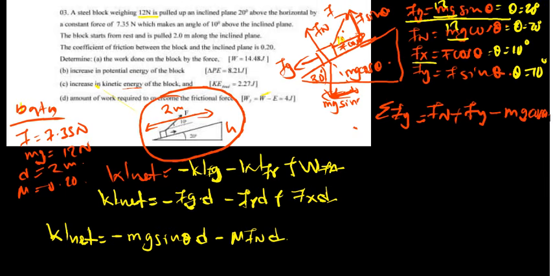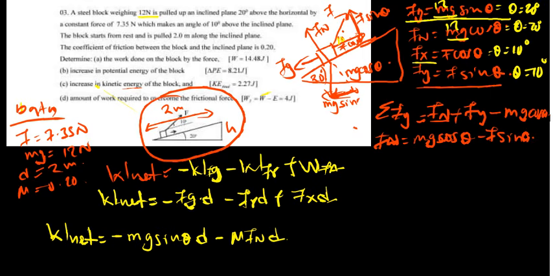I'm going to shift Fn to the other side, so Fn is going to be equal to this guy. When I shift to the other side, it is going to be positive, so it's going to be my mg cos theta minus this Fy, which is F sine theta.